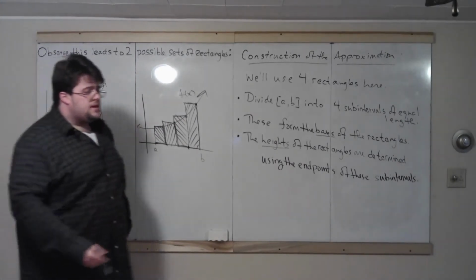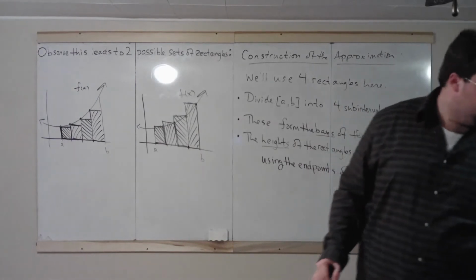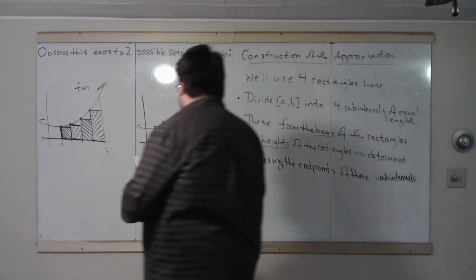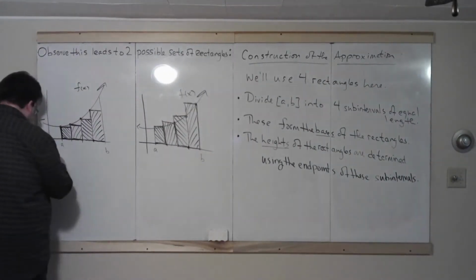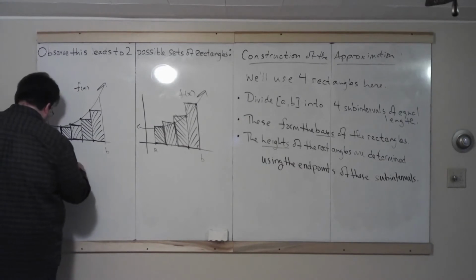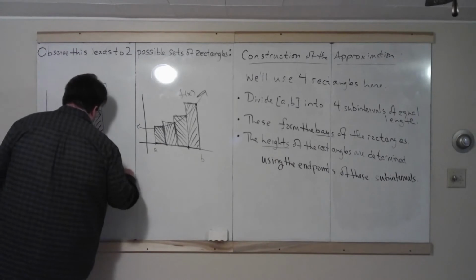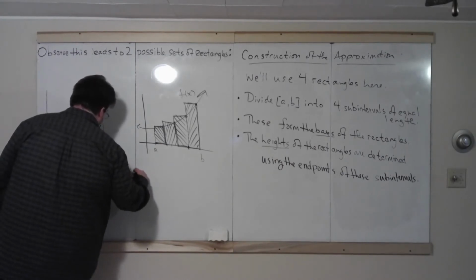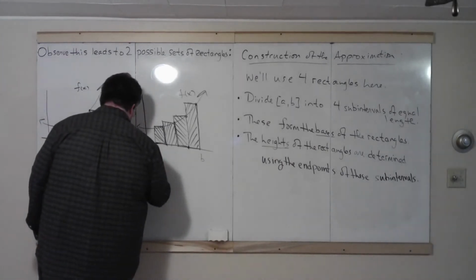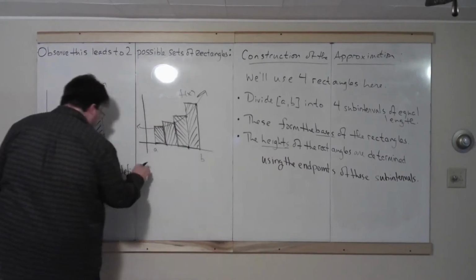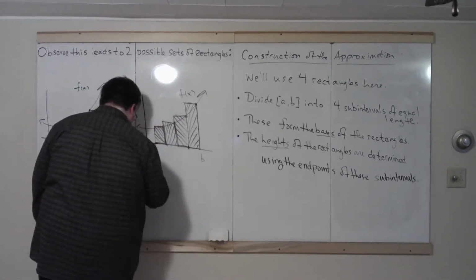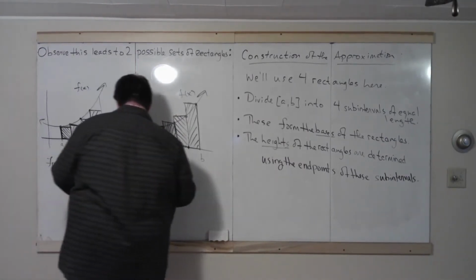So let's define these. I like how I wrote it in my notes. So I'll do it like this. For this reason, we define two approximations. I use the number 2 up there, so I'll use the number 2 down here.